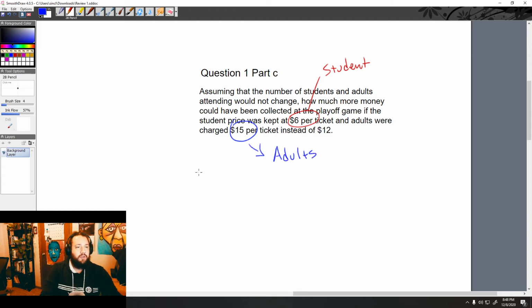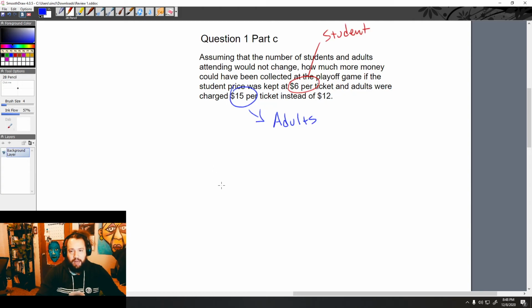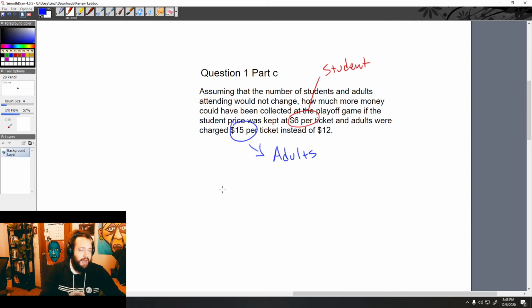Okay? So let's go ahead and think about our solutions that we had. We know that we have 700 students going. So in order to find my student value, I would take my $6 each times these 700 students. And that's going to equal some value.